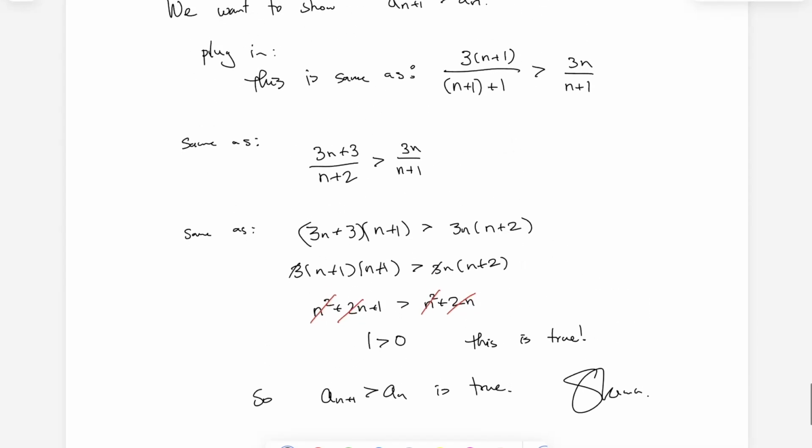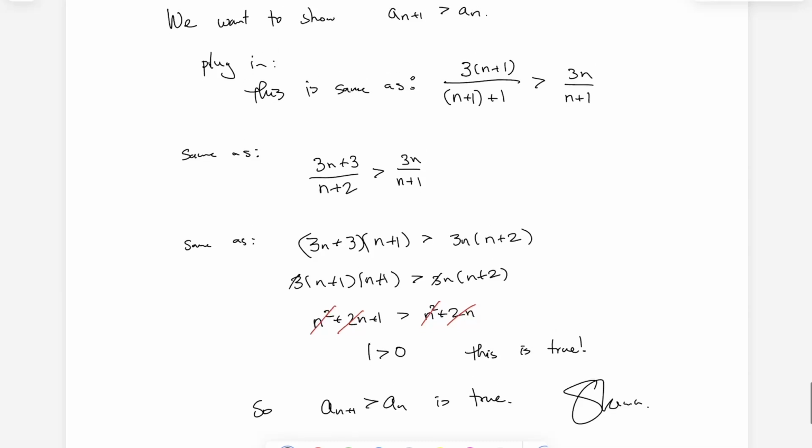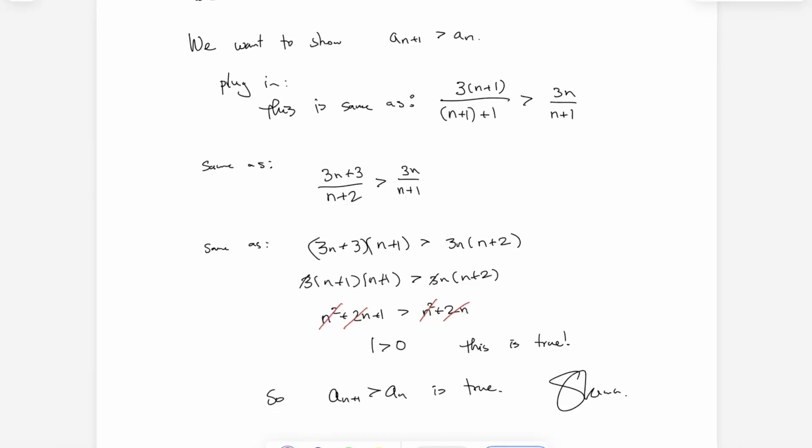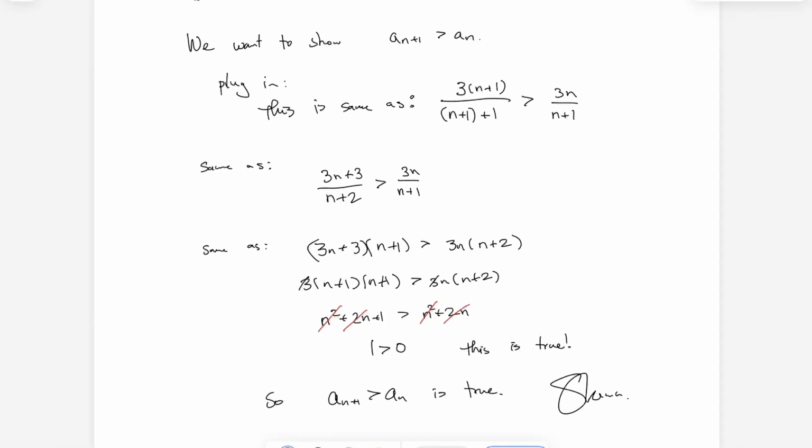When you're writing a little proof like this, you have to at least write some words here to make it clear that what we start with is actually what we want to show. I know there are some, especially in math classes, who are word haters. Like, I never want to write a word in my math homework. My advice to you is get over it. Mathematics is done using words.